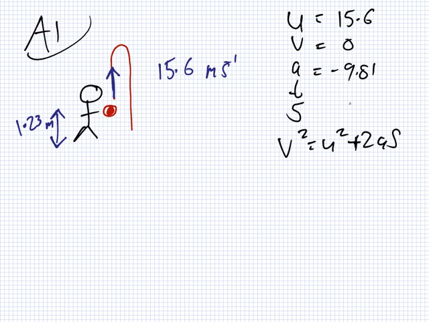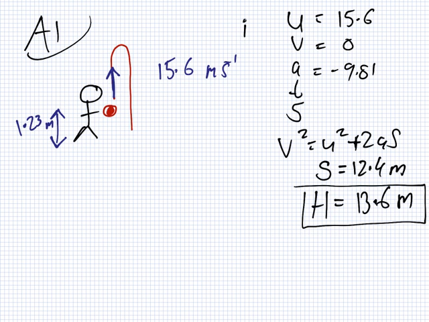And then this gives me S equals 12.4 meters. Is that the final answer? No, because we have to add 1.23. So the answer is 13.6 meters for the first part.